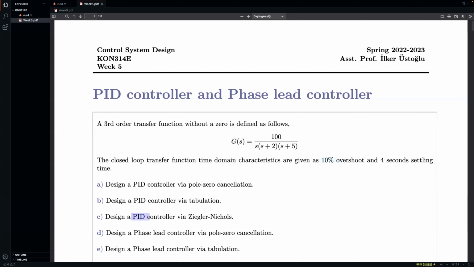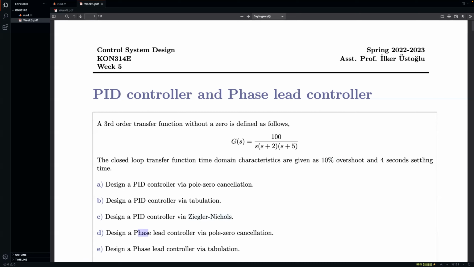We will also be talking about a PID controller design method, which is the Ziegler-Nichols method. But I have to warn you here that the Ziegler-Nichols method is something that you might want to use for nonlinear systems or for systems that are quite difficult. When you're looking for an initial point that actually works, then you're probably looking for the Ziegler-Nichols method.